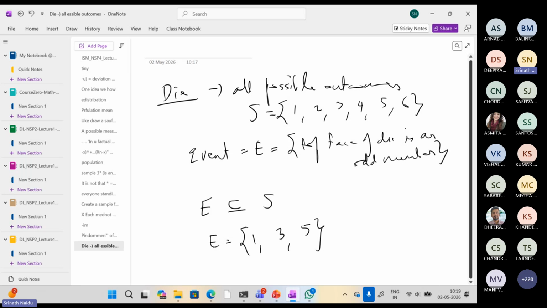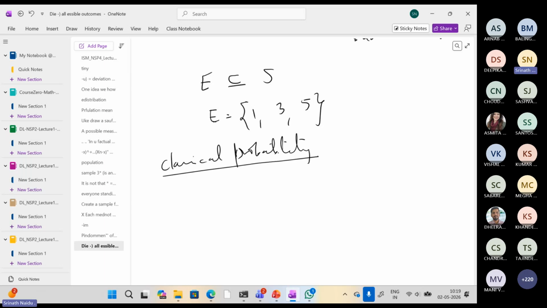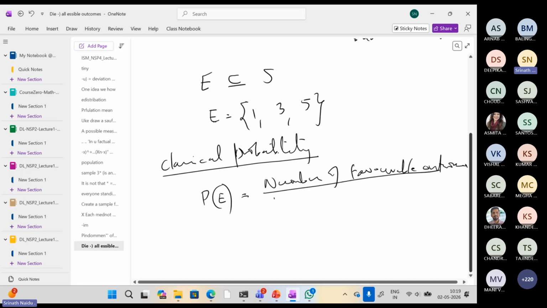Because I can talk about a classical probability of an event as saying P of E is the number of favorable outcomes for E over the total number of outcomes.